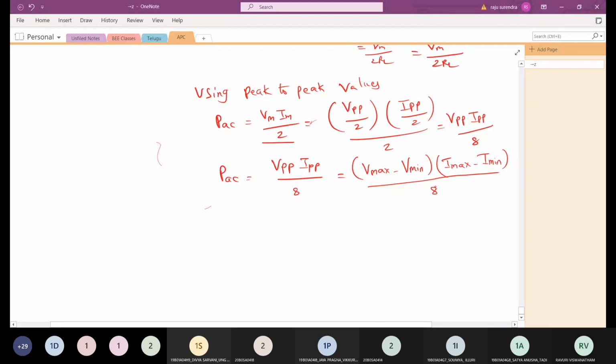Okay, all of you understood these three cases using RMS values, using peak values, using peak to peak values? Yes, sir. Okay, now calculate the efficiency.